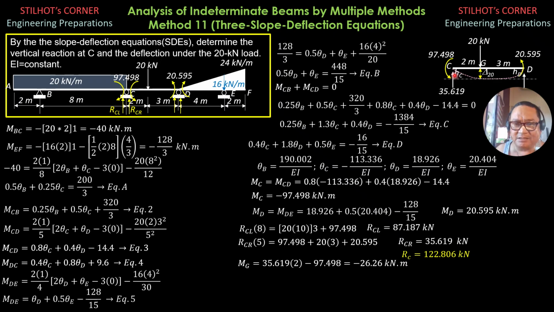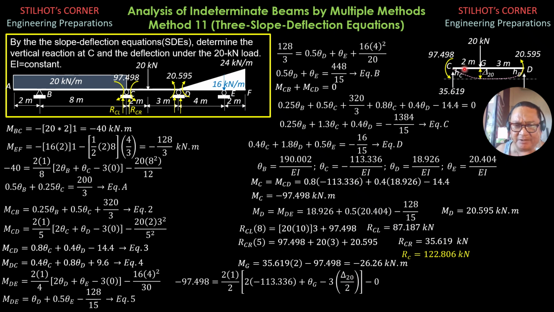We then set up the slope deflection equation for CG and GC. So MCG, which is moment at C also, negative 97.498, equals 2 EI times 1 over L, 2 theta C plus theta G minus 3 times delta 20 over L, which is 2, then minus fixed moment.